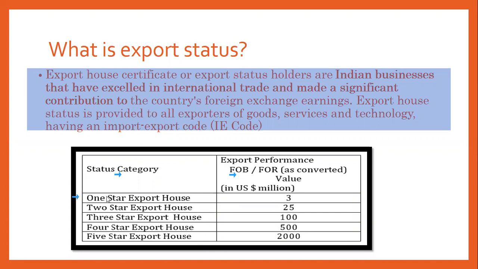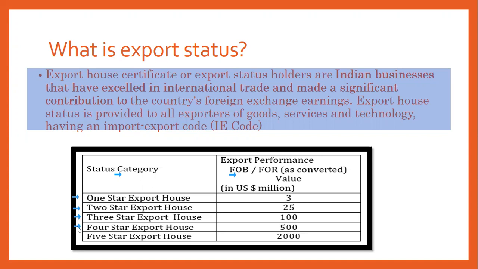One star export house is an exporter who earns 3 million US dollars. If he earns 25 million US dollars in FOB value, then it's a 2 star export house. If the exporter earns an FOB value of 100 million US dollars, then 3 star.